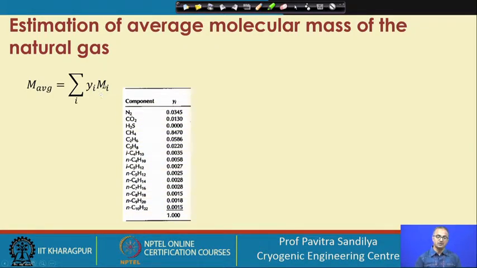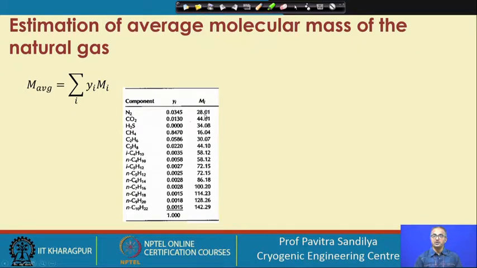In this table we have the mole fractions as given in the problem, and corresponding to each component we have the molecular mass in this column. Next, we multiply the mole fraction with the molecular weight for each component, and we get the product in the third column.